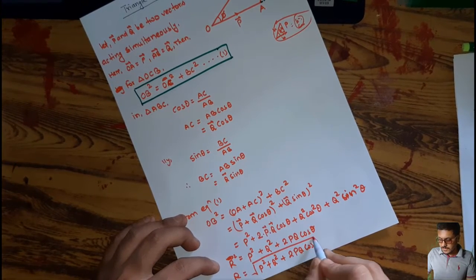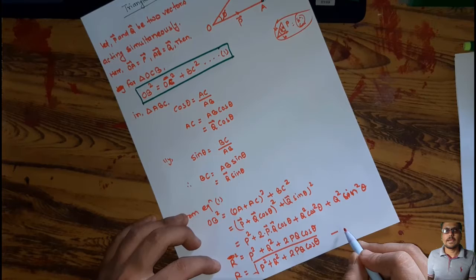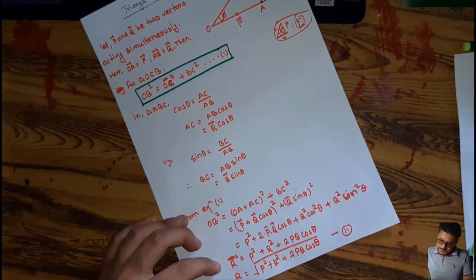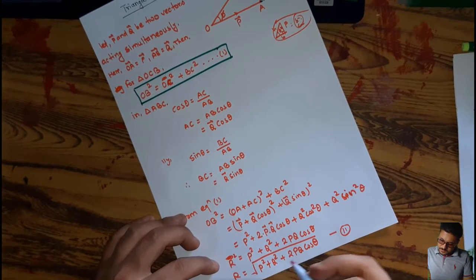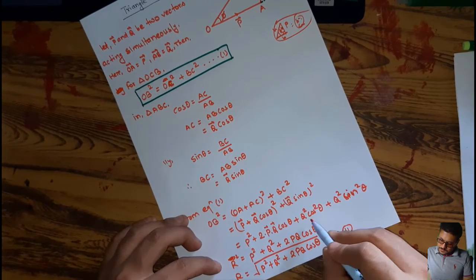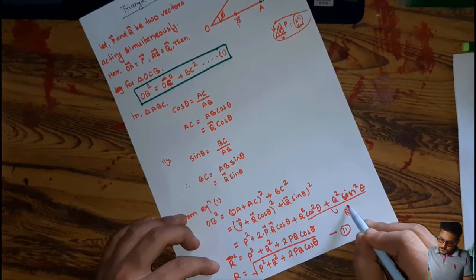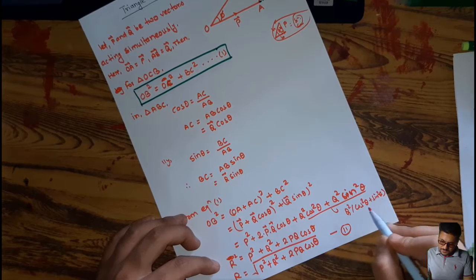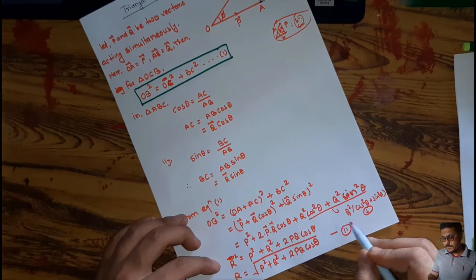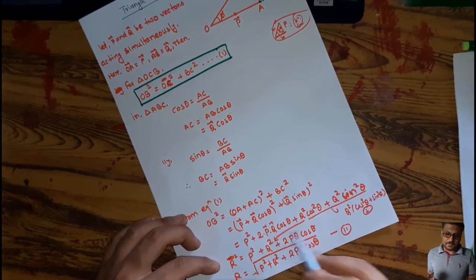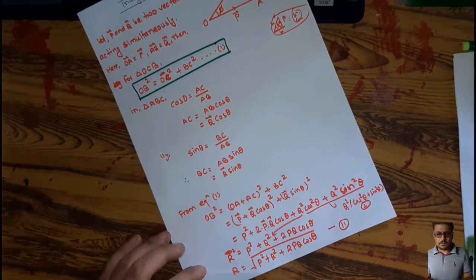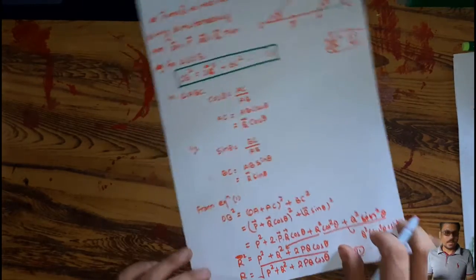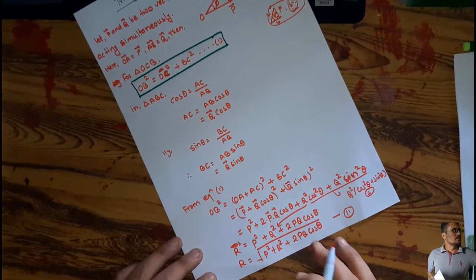This is equation 2, the value for the magnitude of R. Here we took Q square common, times cos square theta plus sin square theta, and sin square theta plus cos square theta is equal to 1. That's why I put directly Q square here. Otherwise everything is the same.